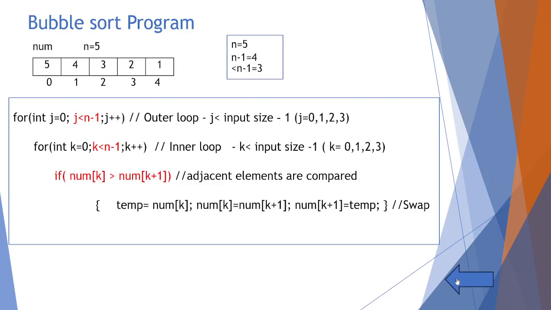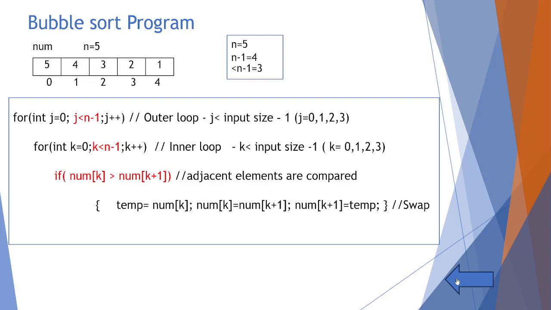Array is num. 5, 4, 3, 2, 1 are the elements. N, that is length, number of elements, is 5. So, if you see n is 5 and we are using a condition j less than n minus 1, k less than n minus 1, means n is 5, n minus 1 is 4, less than n minus 1 means 3.